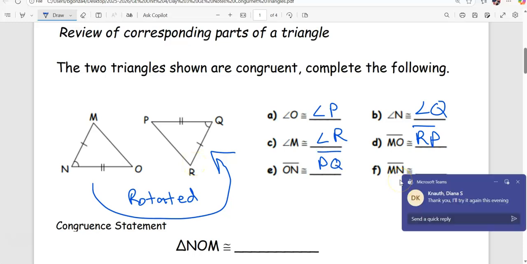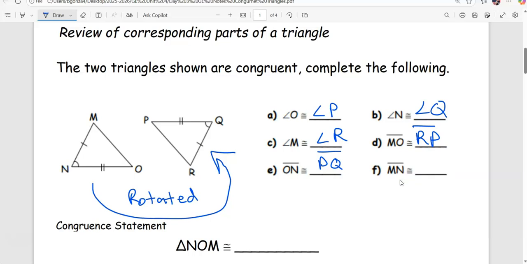Last is MN, 1 tick mark, M to the N. So that's going to be M to the N, okay? R to the Q. Why is it RQ? Because when you rotate it, M rotates to here, N rotates to here, R to the Q.